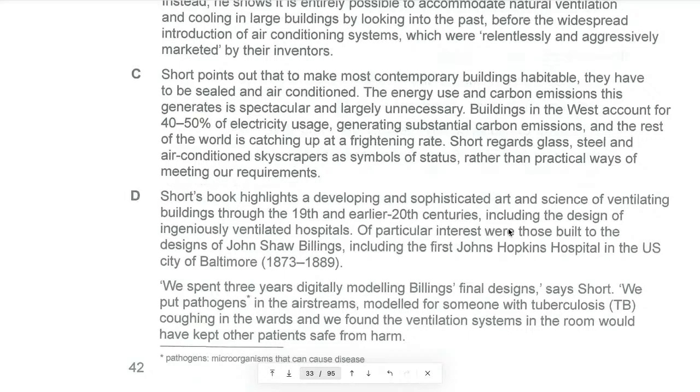Short regards glass, steel, and air-conditioned skyscrapers as symbols of status rather than practical ways of meeting our requirements. Yes. What does that mean? This means short things, glass, steel, and air-conditioned is skyscraper.